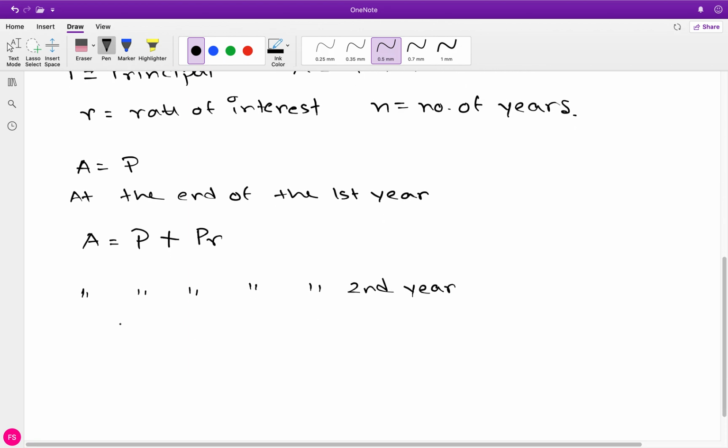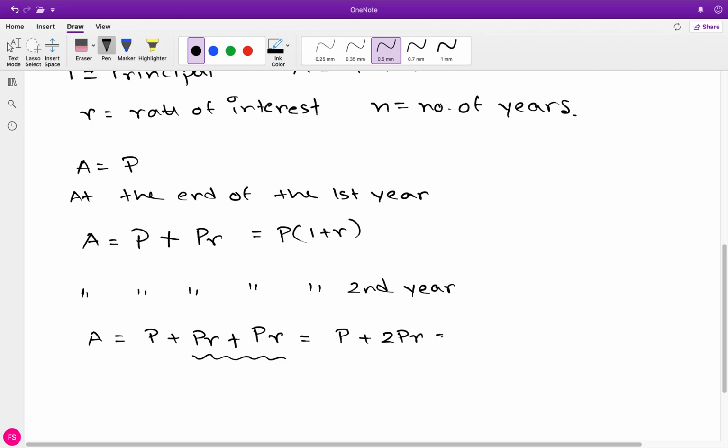At the end of the second year, you are going to have this money, and on top of that, you will also receive the interest again, which is P times R. So if you look at the pattern, if you take out the P, you will have 1 plus R. Then P plus P plus PR, these are like terms, so you can actually add them. So it equals P plus 2PR. Then you can take out the P and you can write 1 plus 2R.